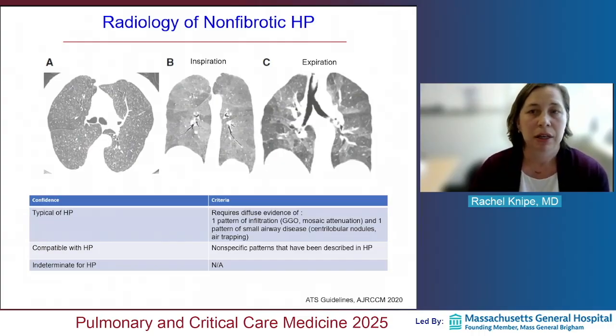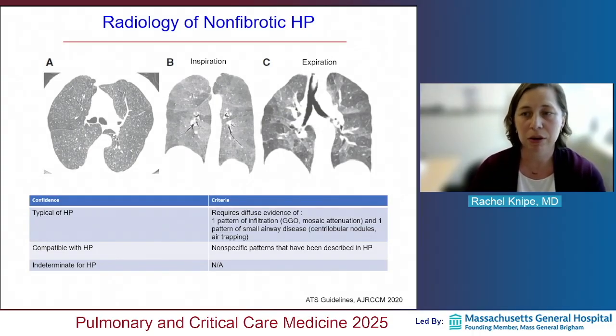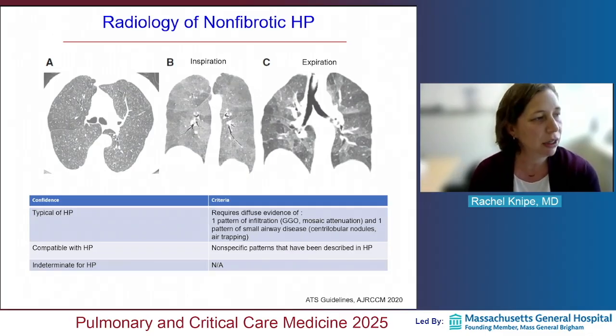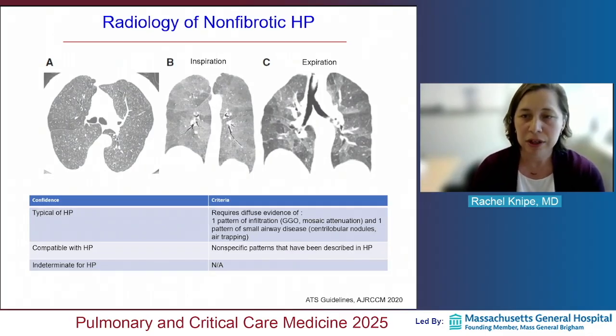Okay, so radiology can be extremely helpful at moving HP up or down the differential. A typical pattern for non-fibrotic HP usually includes one infiltrative pattern, such as ground glass opacities or mosaic attenuation, and one small airways disease pattern, which includes centrilobular nodules and air trapping.